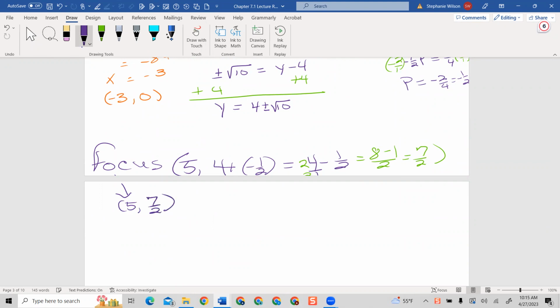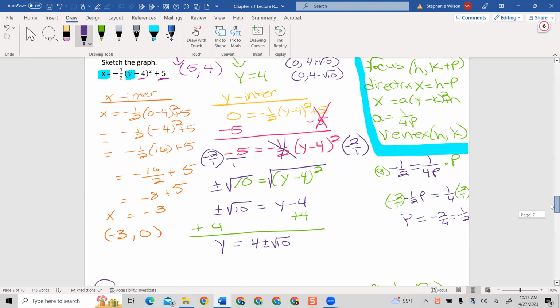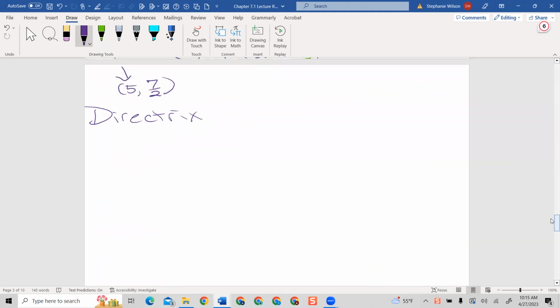We're almost there. Now let's find the directrix. Okay, so to find that, we know that the formula again, because we did switch our x's and y's, it's going to be x equals h minus p. So I'm going to take h equals x minus p, right? Because that's what it gave us.